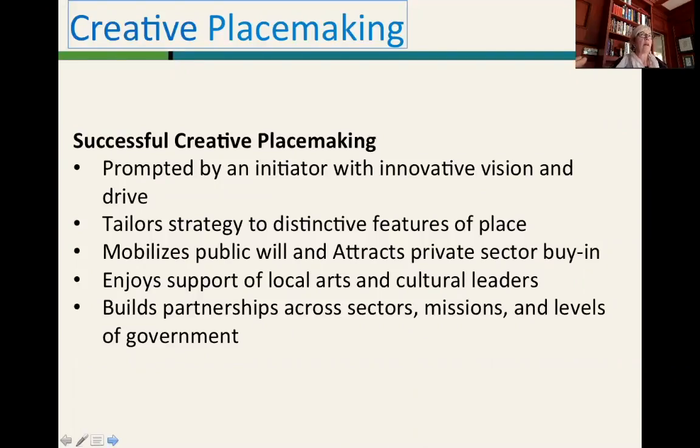It's a little bit like Well Building, and the way Well Building said, I'm looking at private sector, I'm looking at money, I'm looking at health, because the economic buy-in becomes really important if something's to be sustainable. 4, it enjoys support of local arts and cultural leaders. And then 5, it builds partnerships across sectors, missions, and levels of government.